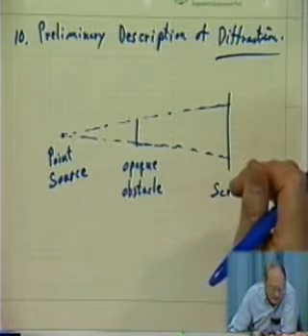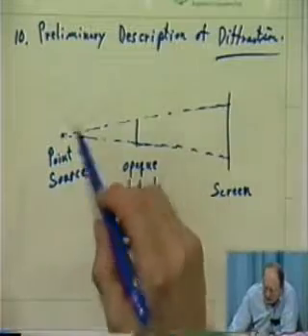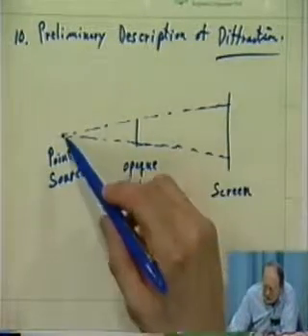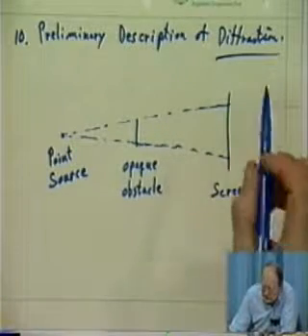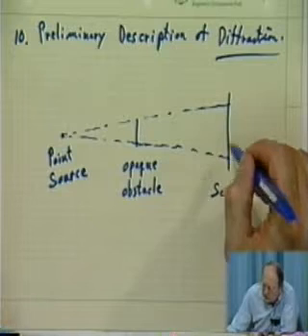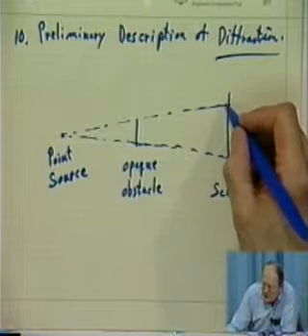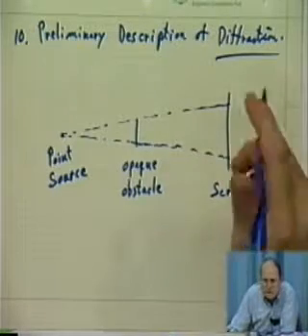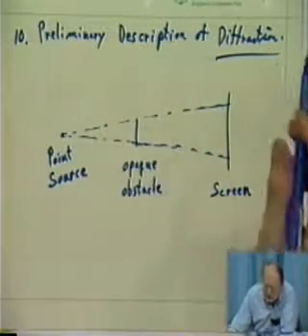And furthermore, if I start out here with a source that is monochromatic or quasi-monochromatic, we're going to see not only is the edge of this shadow kind of fuzzy, but as we look out here, outside the shadow, we're going to see some interference fringes, okay, if we have a quasi-monochromatic source.